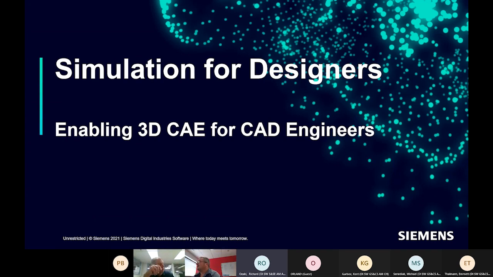But anyway, jumping in. So today's topic we're going to be discussing is simulation for designers. Here at Siemens, we are very big on the digital twin, and I like to think a lot of our customers have adopted the physical digital twin quite well, i.e., the CAD, managing all of that data. That's been understood and adopted very, very well.